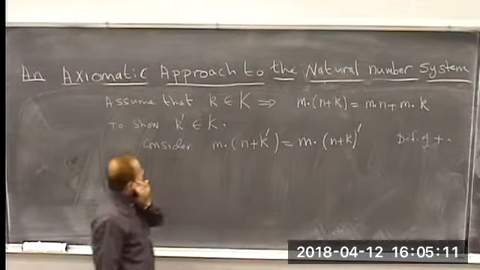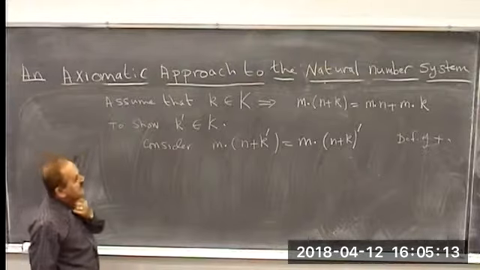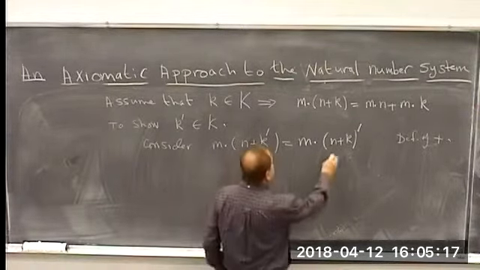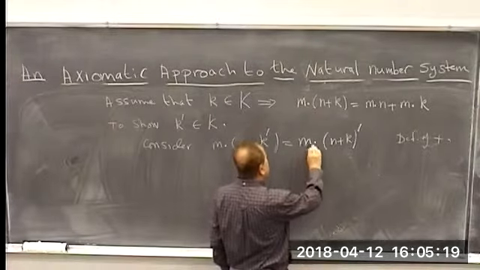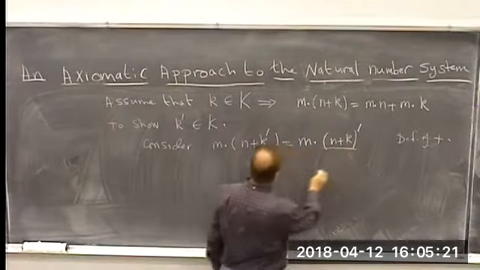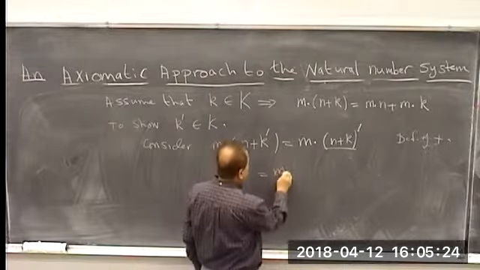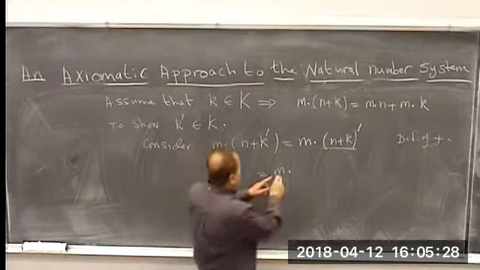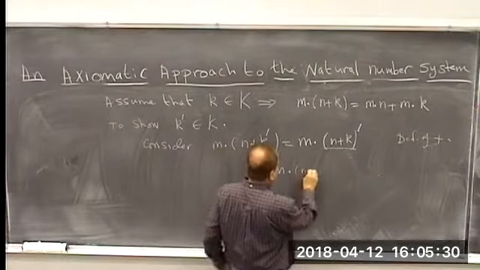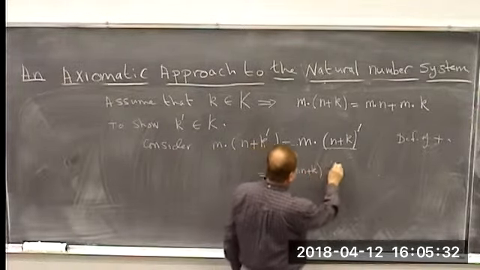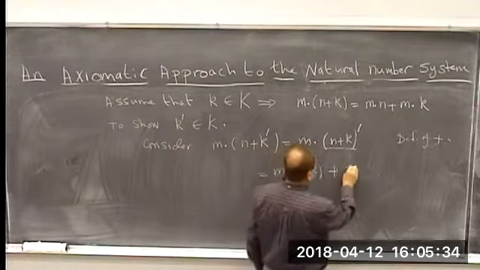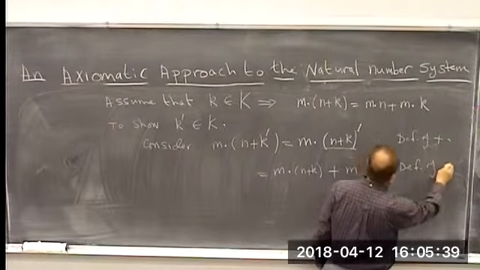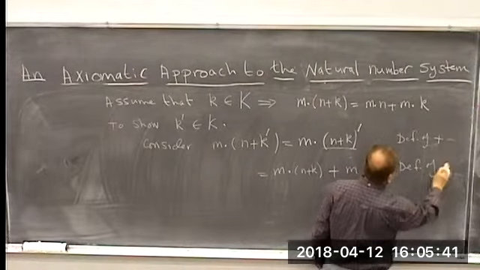The next thing I want is to use the definition of multiplication. So we have m multiplied by successor. So this is equal to m multiplied by n plus k, plus the m. So this is the definition of multiplication.